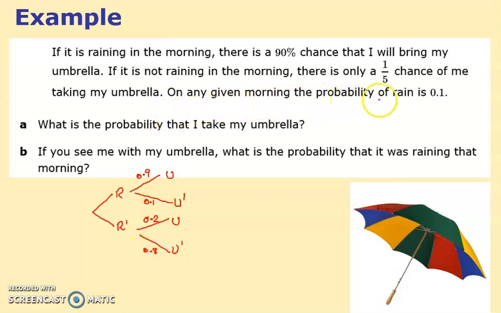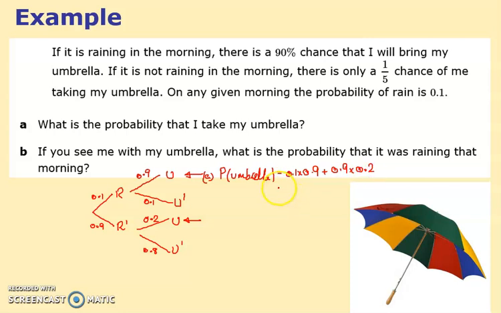On any given morning, the probability of rain is 0.1. So 0.1 and 0.9. This is exactly the same, really, isn't it? What's the probability I take my umbrella? I take my umbrella there and there. So this is part A, probability of umbrella equals, I think it's 0.1 times 0.9 plus 0.9 times 0.2.